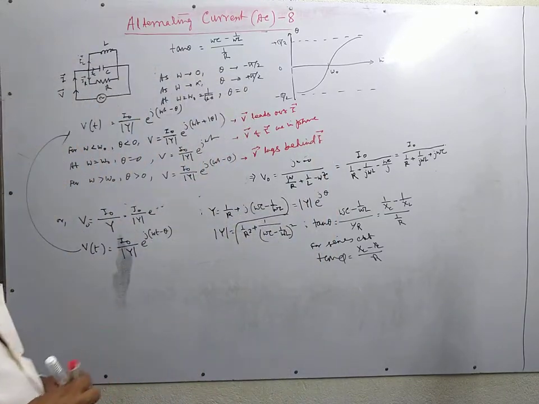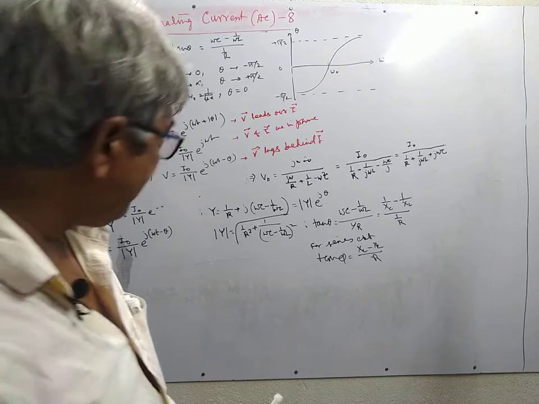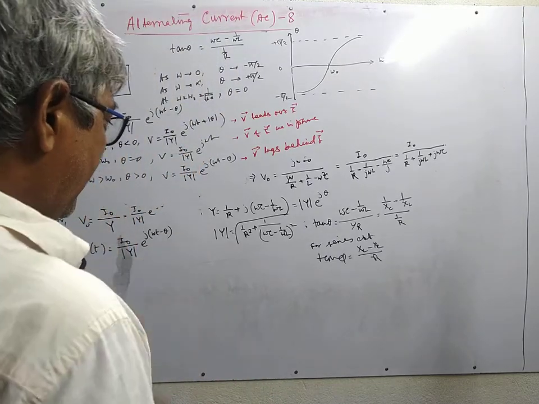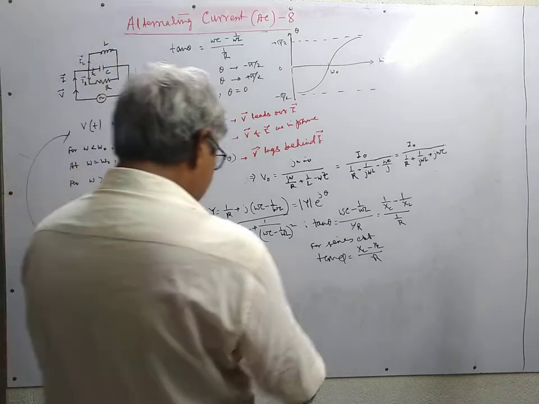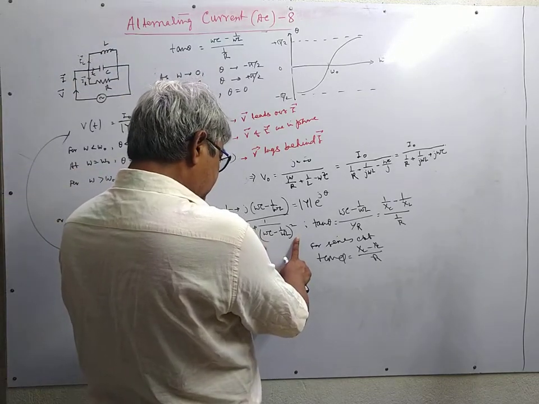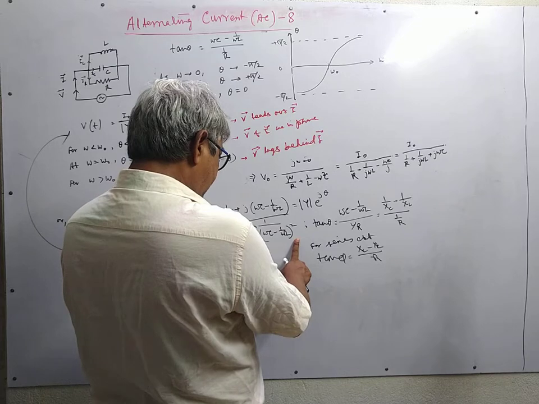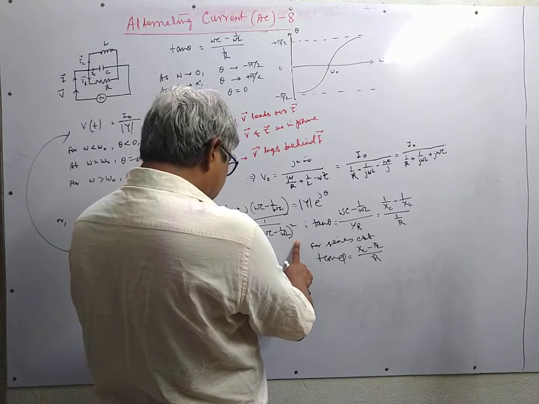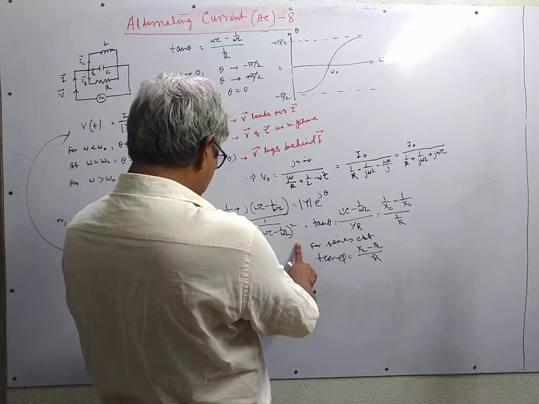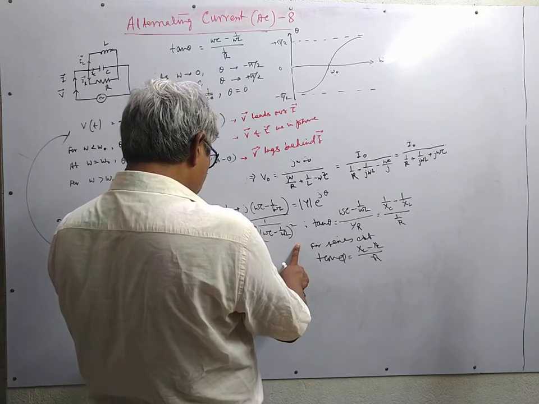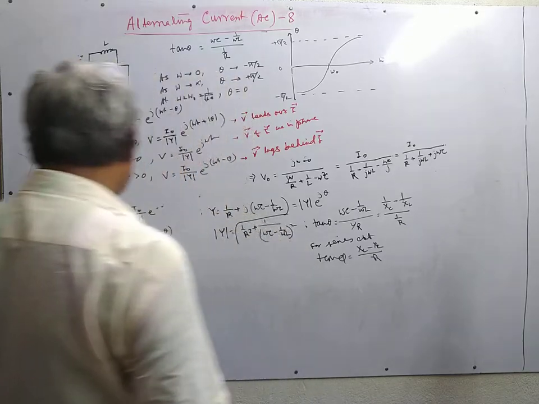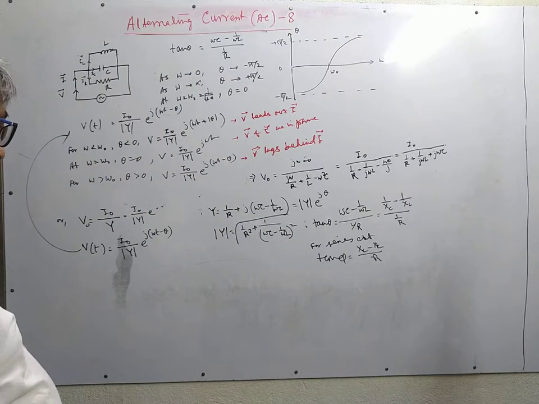And you see another thing, that at omega is equal to omega 0, the denominator is 0, so Y has a maximum. As Y has a maximum, I passes through a minimum.